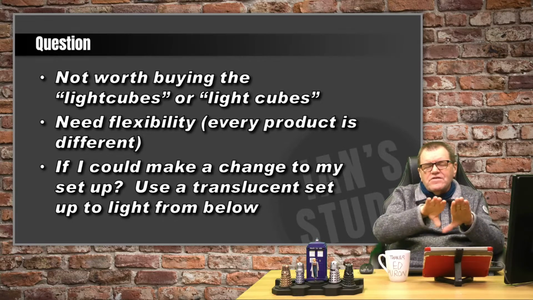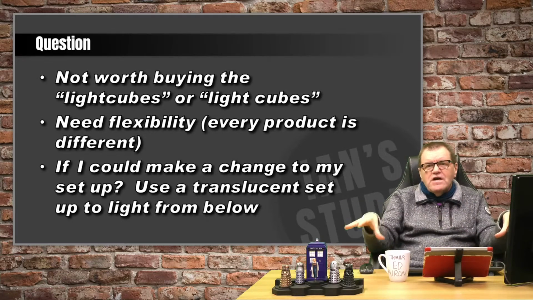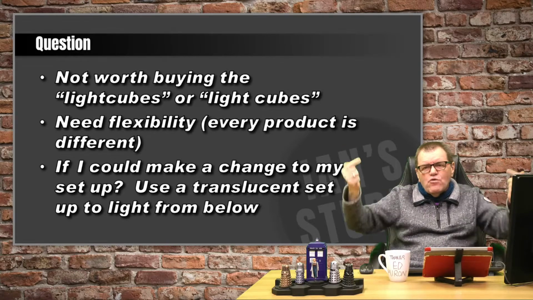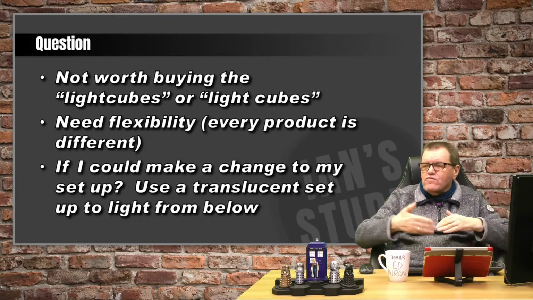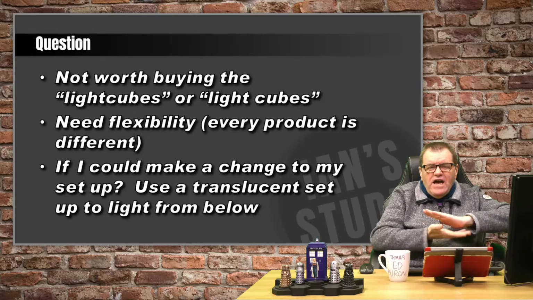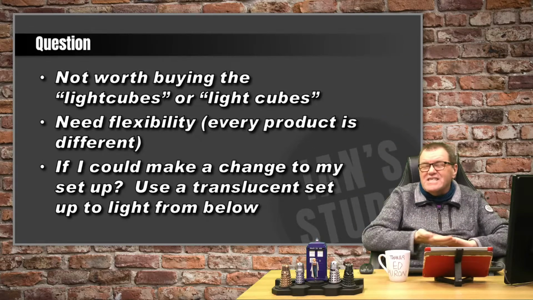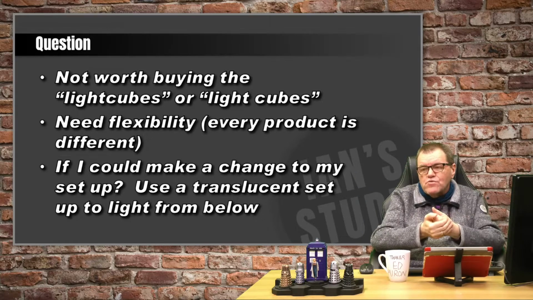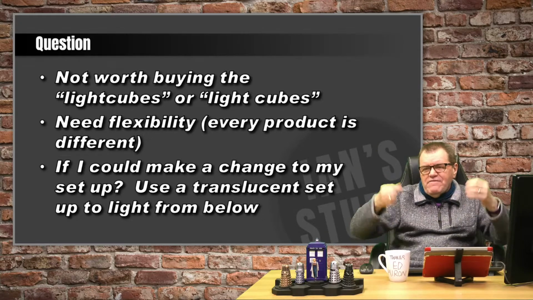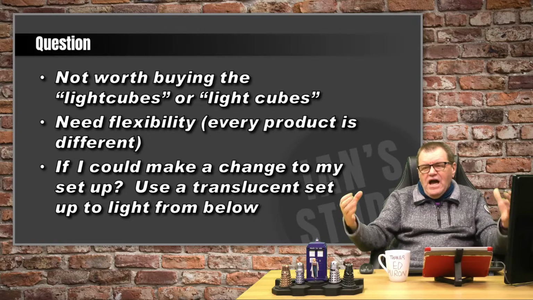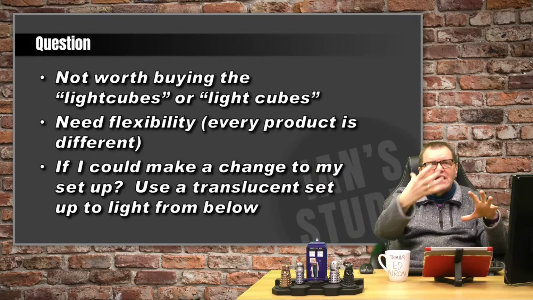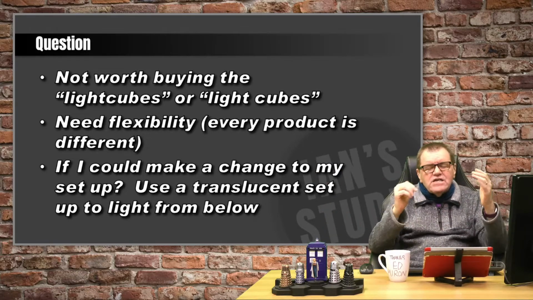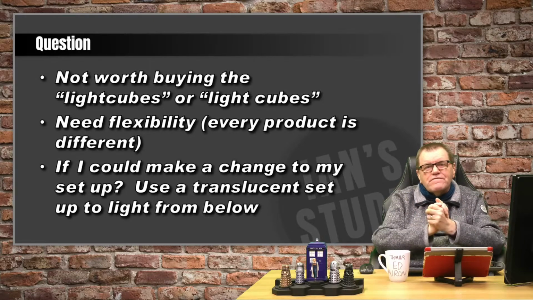Rather than having just that big pegboard on there, creating a wooden frame where I have translucent material I can put in instead of the grey card on there, or whatever coloured card I want to work with. And that way, if I put it on legs, I can light from underneath and have the light coming in from behind. That is something I'm thinking about for the future.